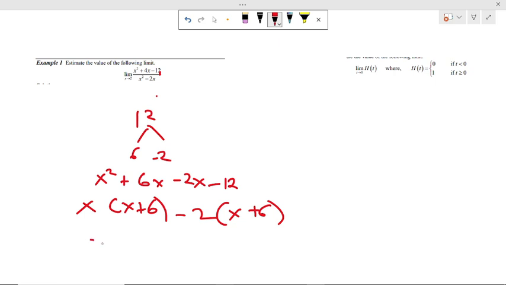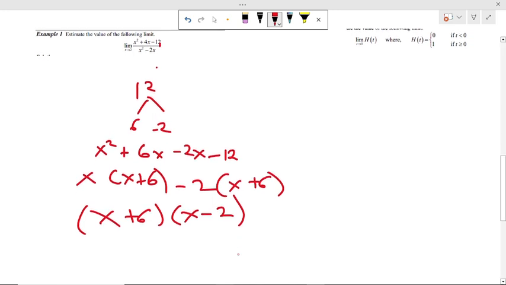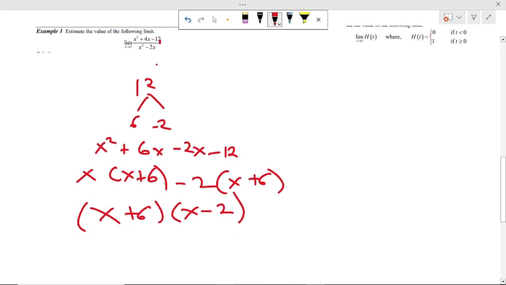Then we get x plus 6 and x minus 2 as our simplification of the quadratic. So this will be the upper term.